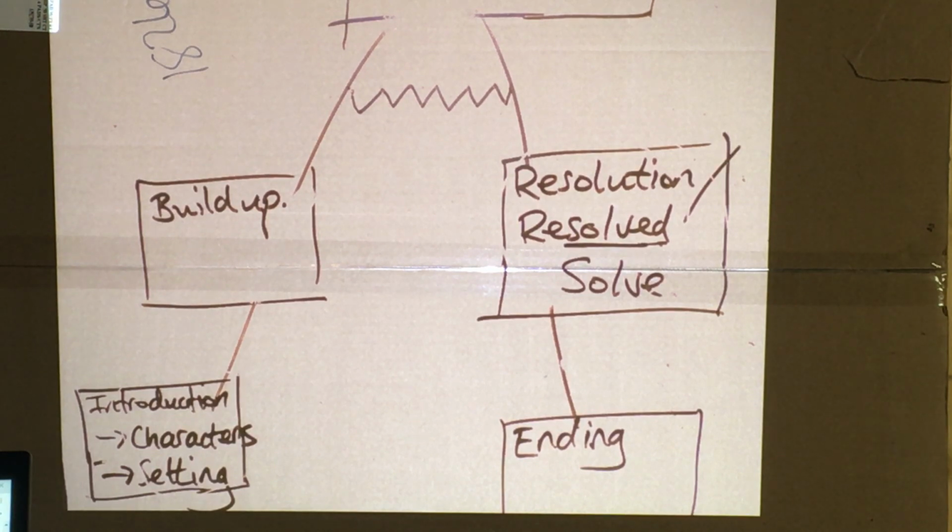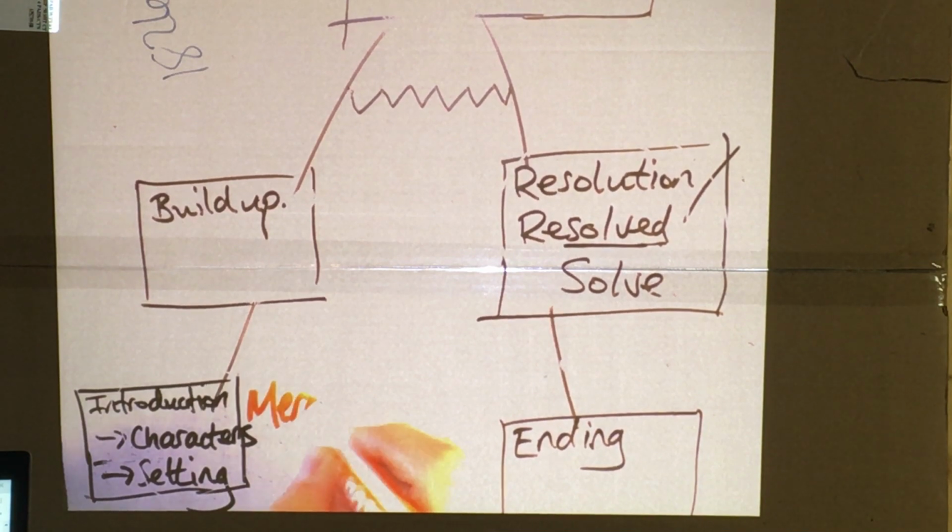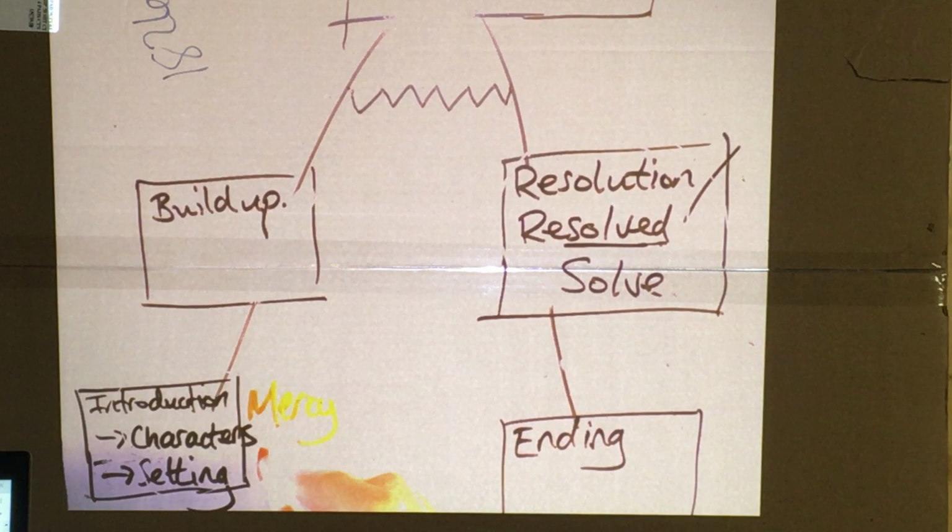I'll have a go. So, really quickly, if I was going to do this for Mercy Watson to the Rescue, well, if I was going to do my main characters, probably Mercy is my main character. Okay, and then Mercy's mum and dad. And then we could even have the sisters in there as well.